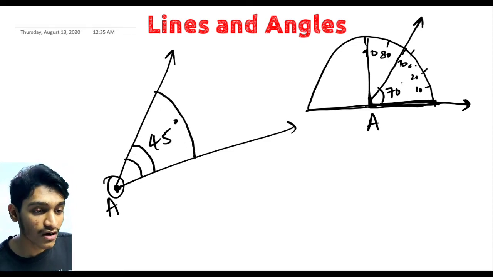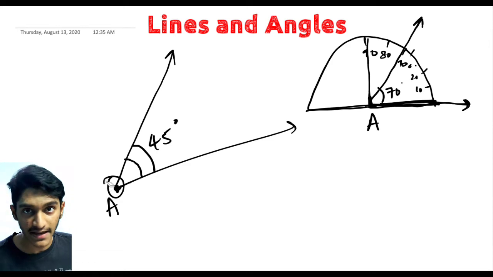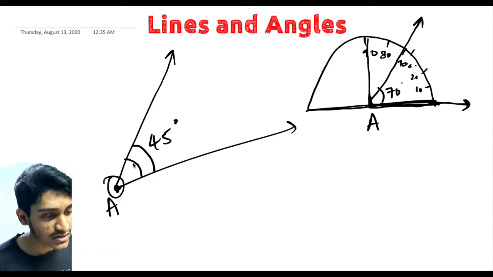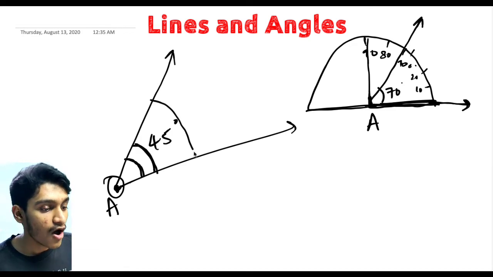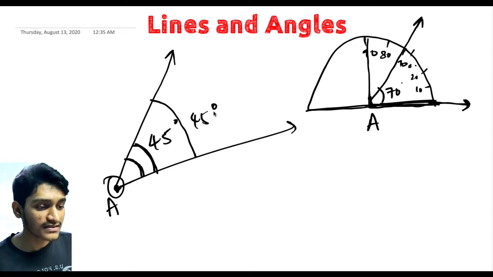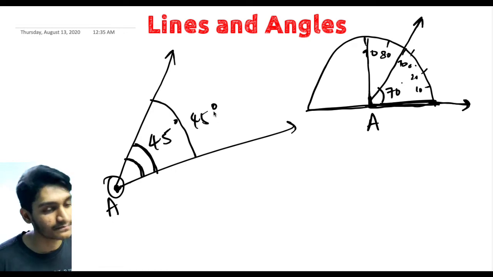Whatever arc you draw using a compass with the center at A and whatever radius, one arc like this, another arc like this, another arc like this, all of these arcs represent 45 degrees each. All of these arcs measure a certain distance between these two rays, which is 45 degrees.